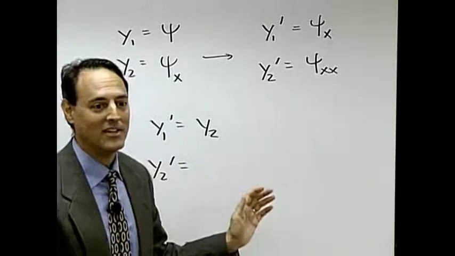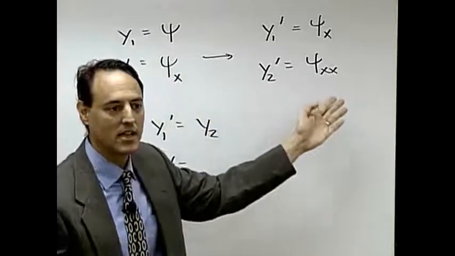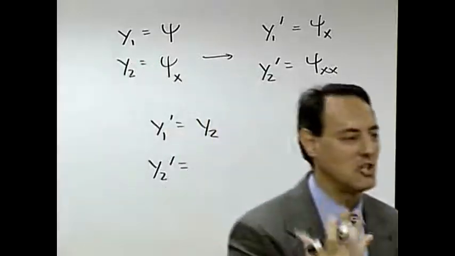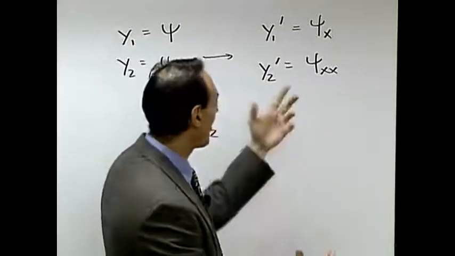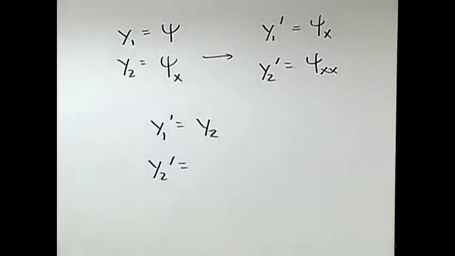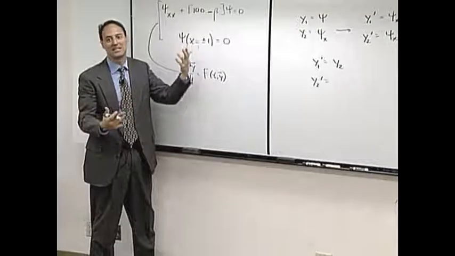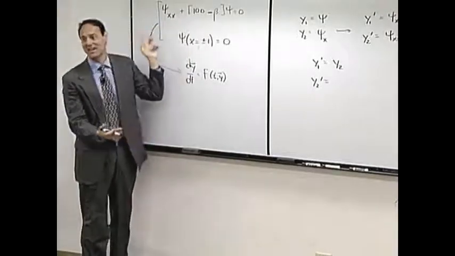No. There's no y3. Because remember, we stopped at 2. So what is psi xx? By the way, have we used any information yet about our equation? Not yet. But our equation knows what psi xx is. There's psi xx right there.